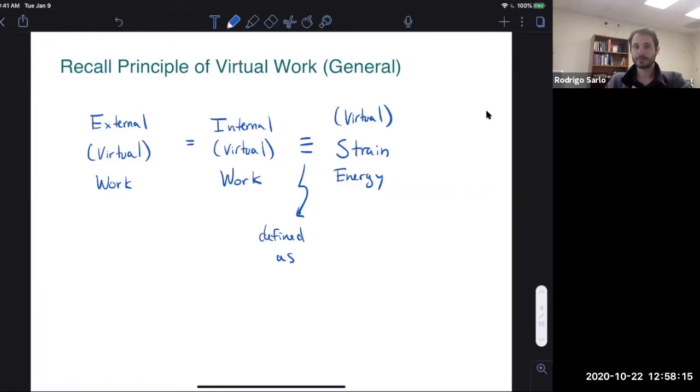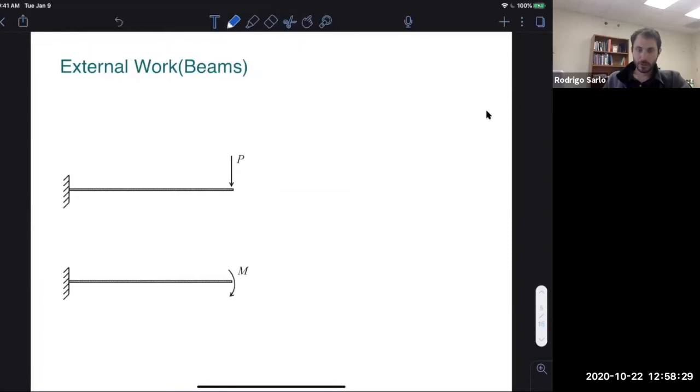All right. For trusses, we had to define strain energy in a particular way. For beams, we're going to define strain energy in a different way to account for the bending. Okay. But let's start with external work first, because that's the easier part. So external work is defined essentially the same way as we did for trusses.